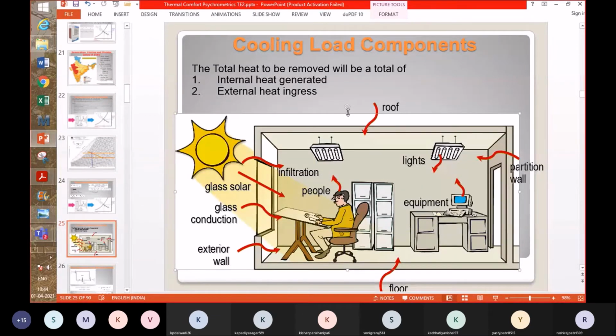Then roof. People who live in tenements or on the top floor of apartments know that in summer the ceiling becomes very hot, and through the ceiling there will be a lot of heat coming into the conditioned space.